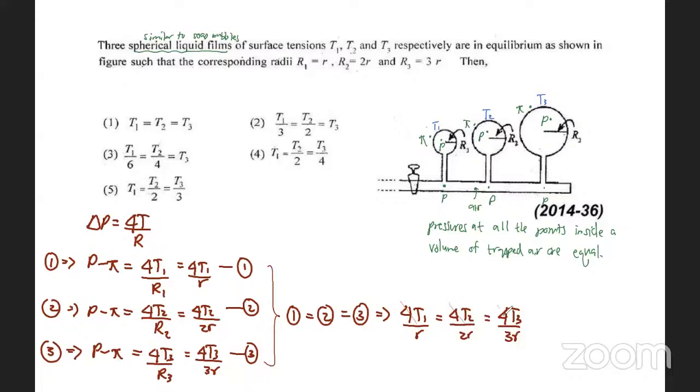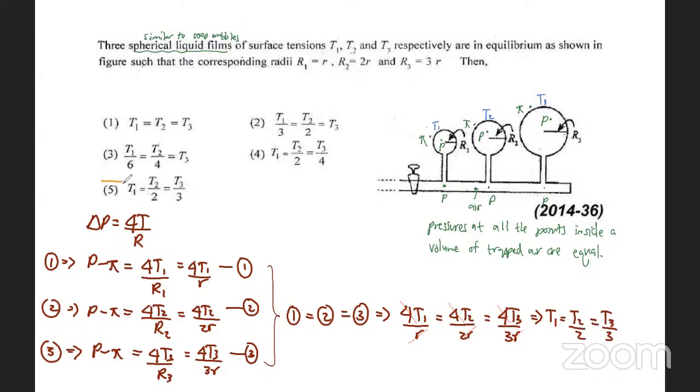Gone. And simple R is also cancelled out. So ultimately, I'm getting an equation which looks like T1 equals T2 over 2 equals T3 over 3. Fifth one, no? Fifth one is the answer.